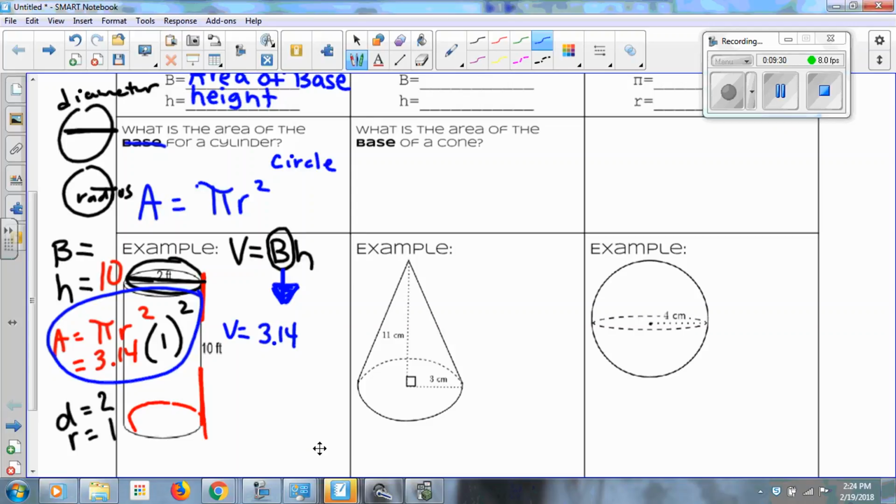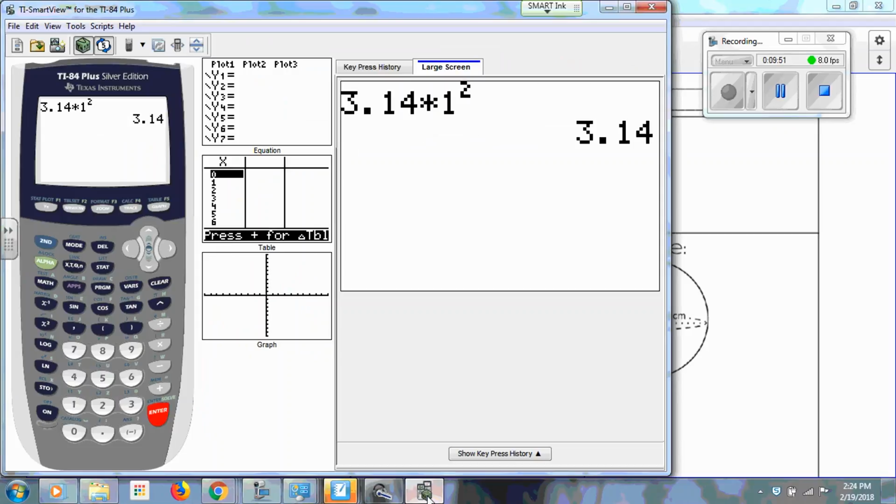Don't forget about the hanging H. Can't forget about him hanging out down there. I've already found what the H is. It's 10. Remember, it's the line that connects the two bases together. And I'm going to multiply that by 10 using my calculator. 3.14 times 10.